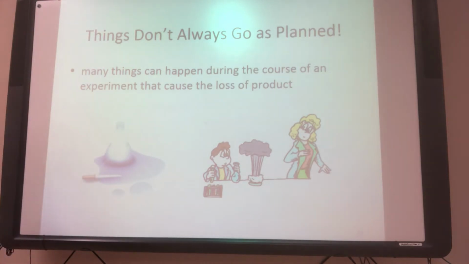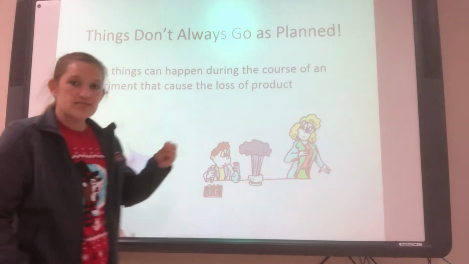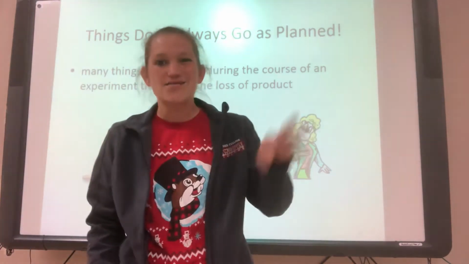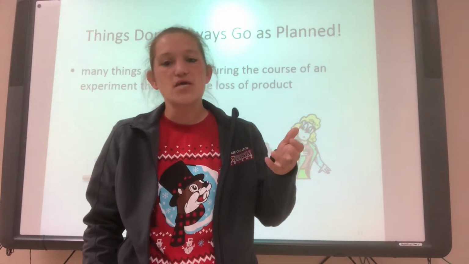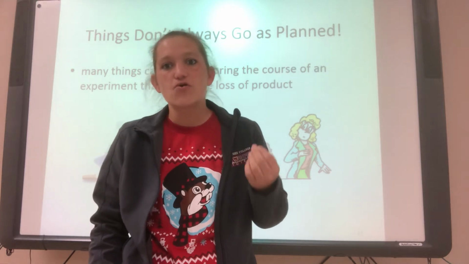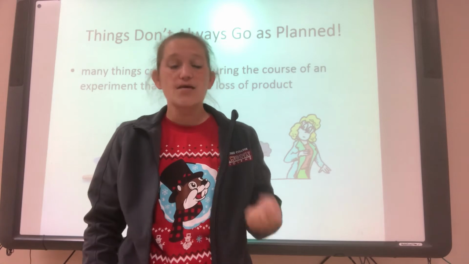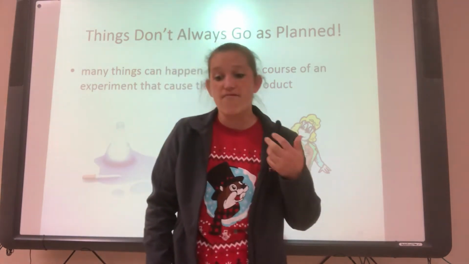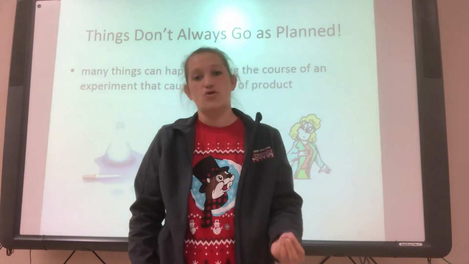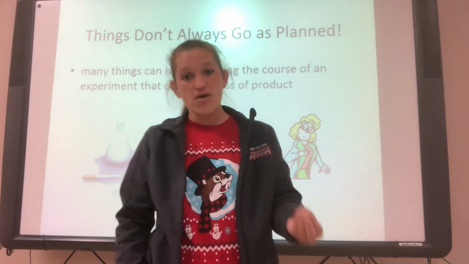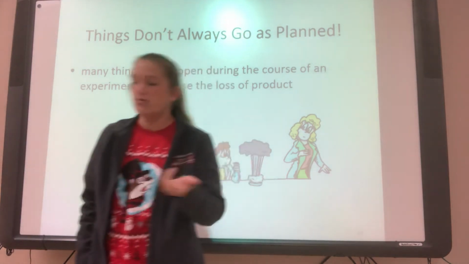In the chemistry setting, you might spill things. When we do things in containers, sometimes things get stuck in the container and you don't get everything out. Think about eating peanut butter: you don't get every single piece of peanut butter out of the jar because things get stuck. Theoretically, I should be able to use all of it, but actually I don't. So there's a difference between a theoretical yield, how much I should make, and an actual yield, which is how much I will actually make.